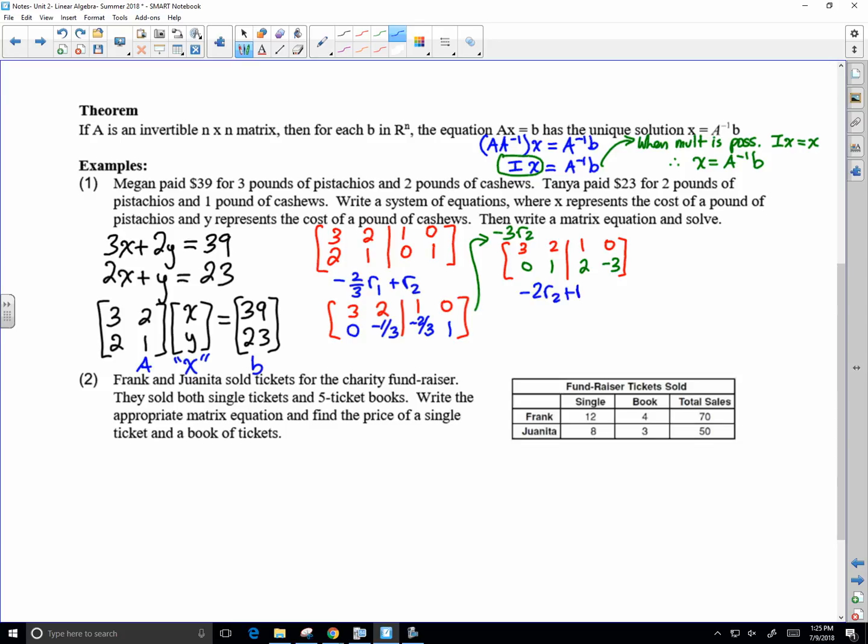Negative 2 R2 plus R1. Blue. Then, barring any terrible mistake, 1/3 on R1.